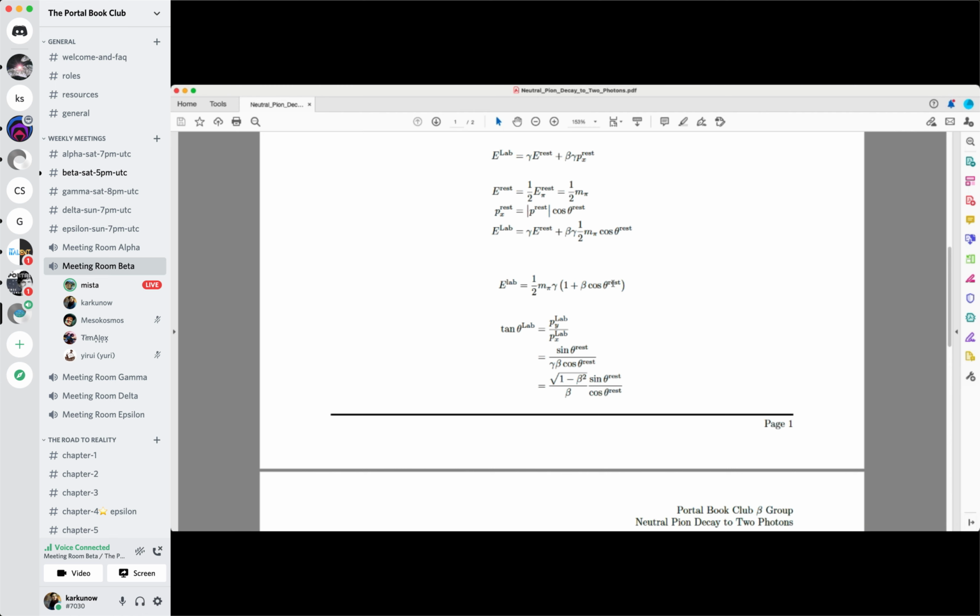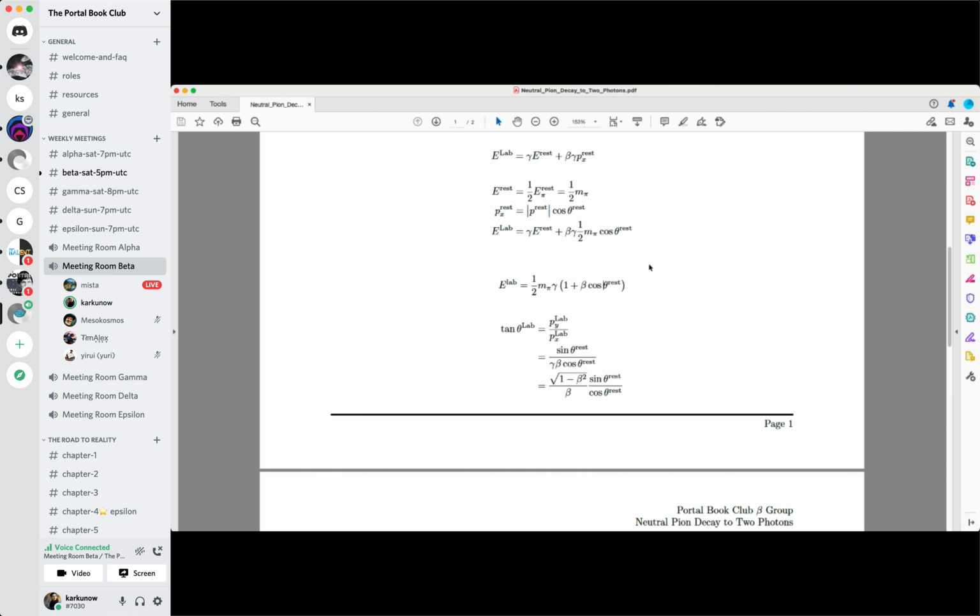So cosine goes from -1 to 1. And so if we have isotropic emission at any particular angle, then we have an isotropic energy distribution when cosine goes from -1 to 1. Does this argument make sense?